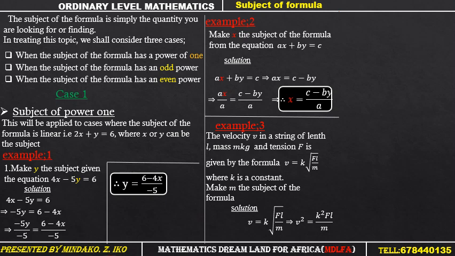In mathematics, if we have, let me say, x squared equal to 2, and we are asked to make x the subject, not x squared but x, then we look for the square root on both sides, like taking the square root of 2.